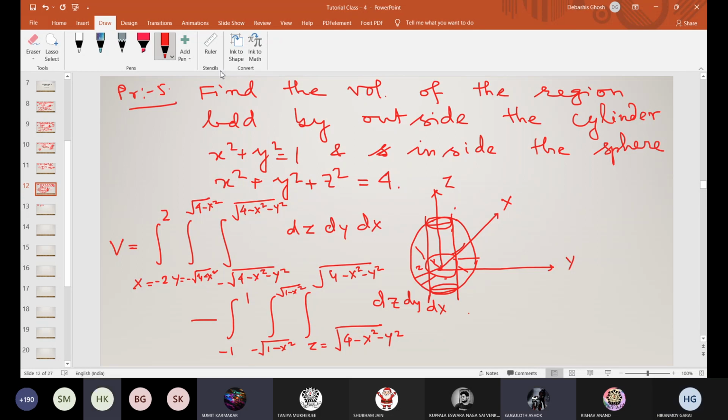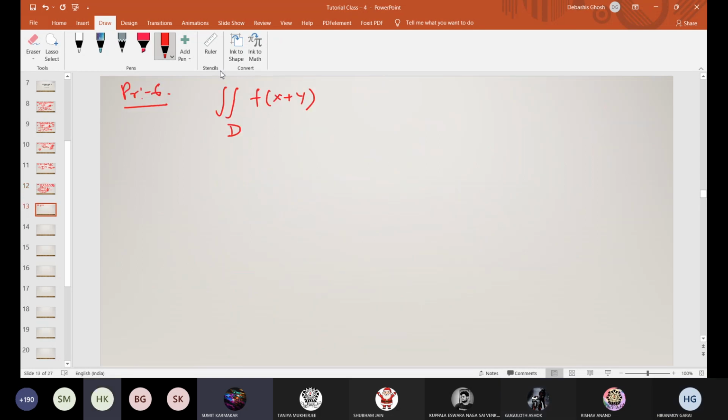Okay, sir. But will it not consider the inner volume also? Why are we ranging from root of 4 minus x squared to minus root of 4 minus x squared? I could not understand. The limits which we put in the previous problem, sir, will it not consider the inner portion of the cylinder also?